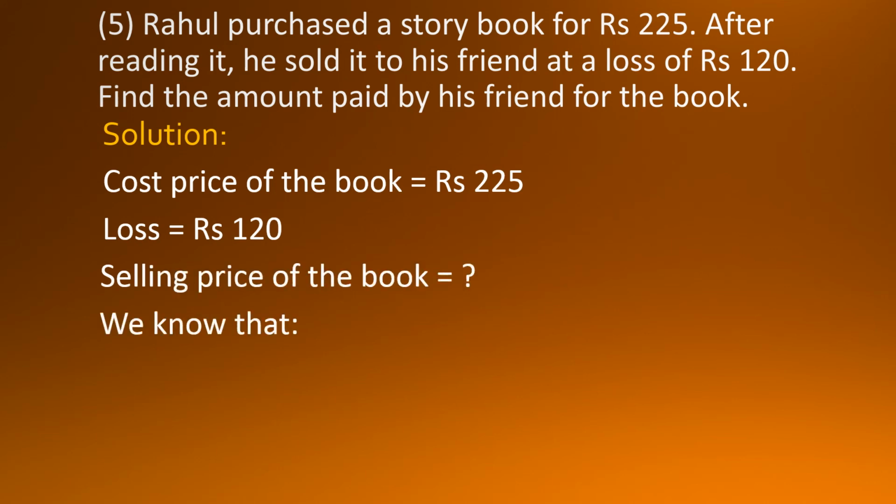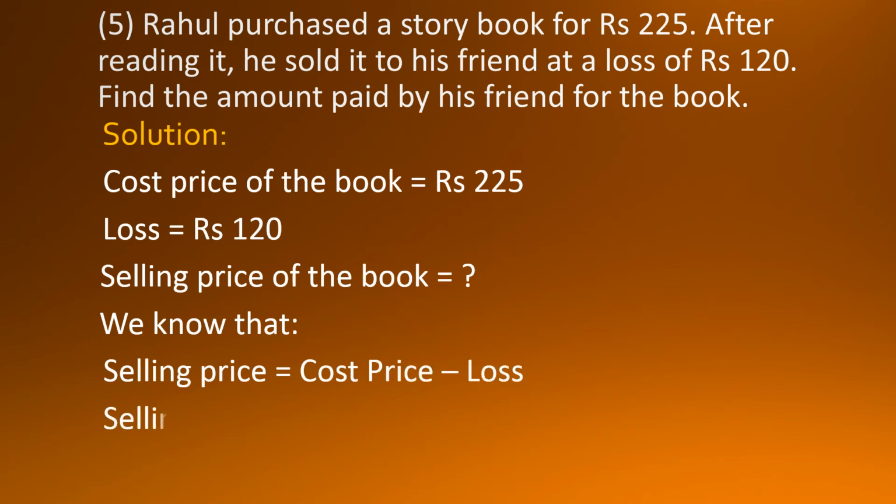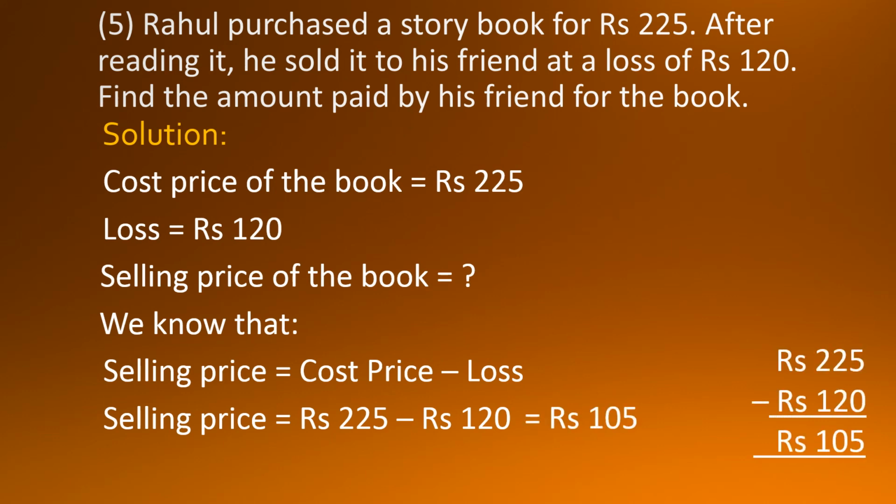We know that selling price is equal to cost price minus loss. Now put the value. Rupees 225 minus rupees 120. Now do the subtraction. If we subtract rupees 225 minus rupees 120, we get rupees 105. So the selling price of the book is rupees 105.